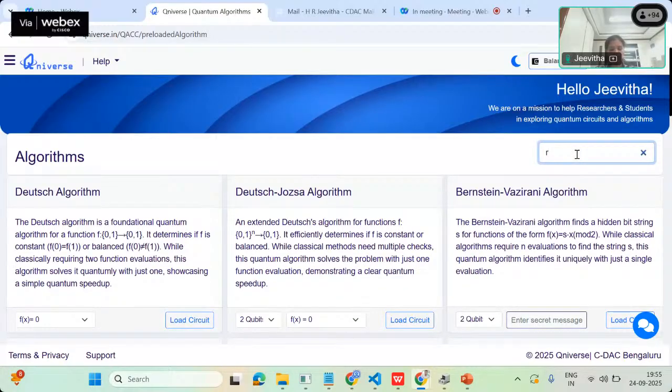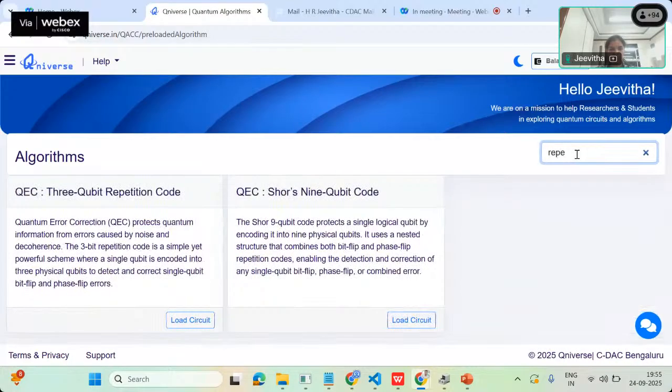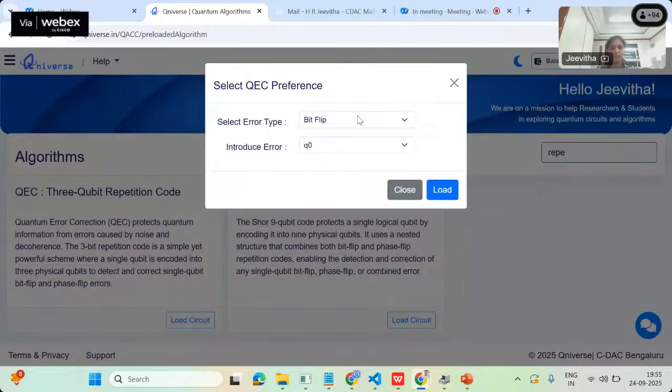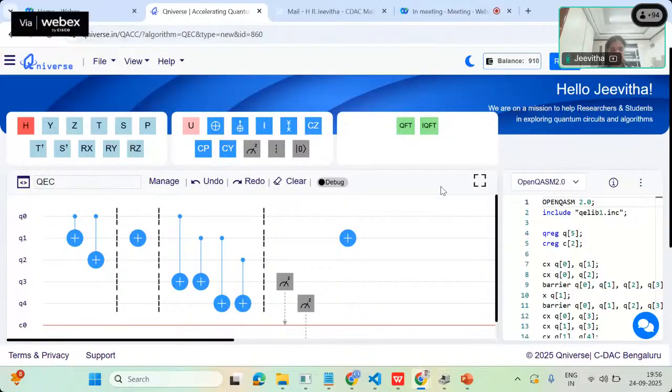Let me search for repetition code. Here in the input section, we have bit flip, phase flip, and random flip. You can select any of these three options, and you can select in which qubit you want to introduce the error, in Q0, Q1 or Q2. And you load the circuit.